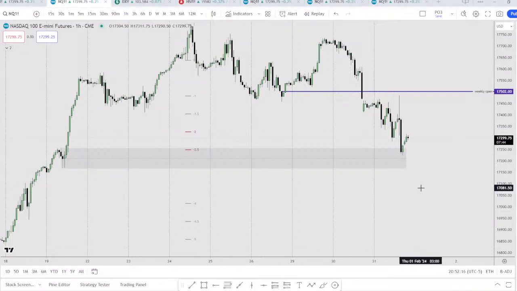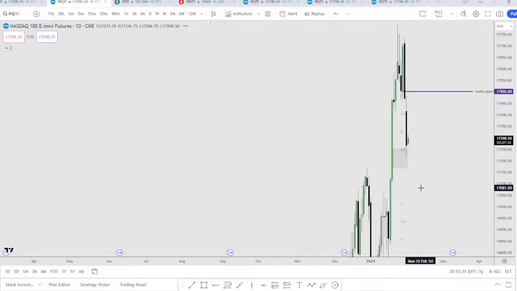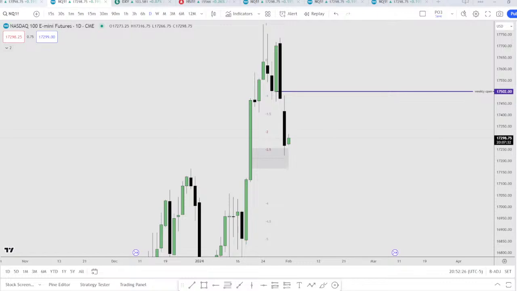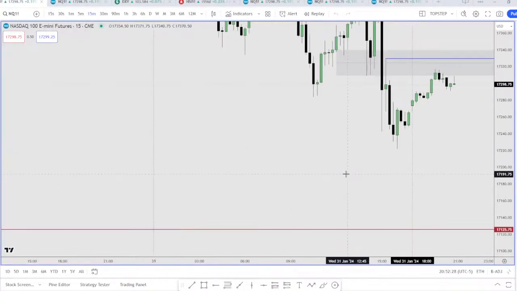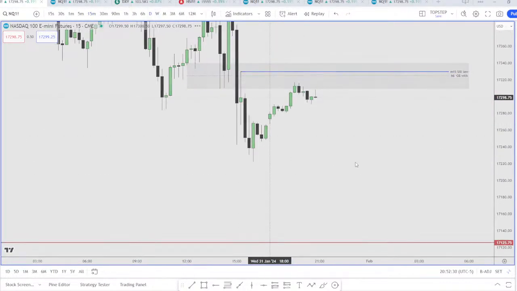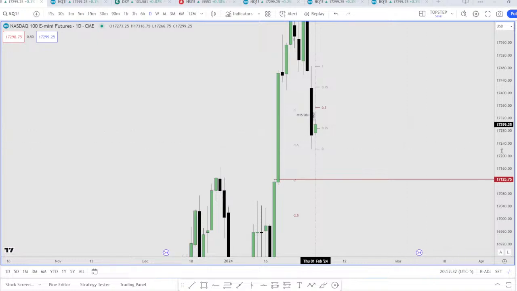Alright, so what am I anticipating for Thursday and Friday for the indices? Right off the bat, we have a large range day yesterday.